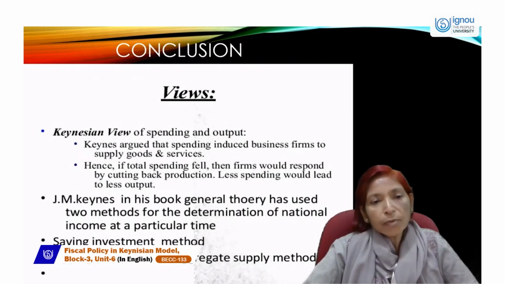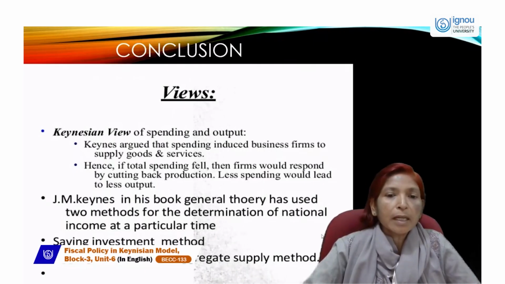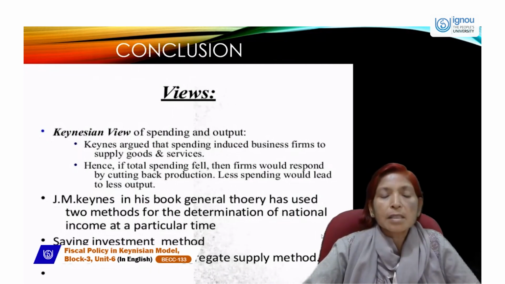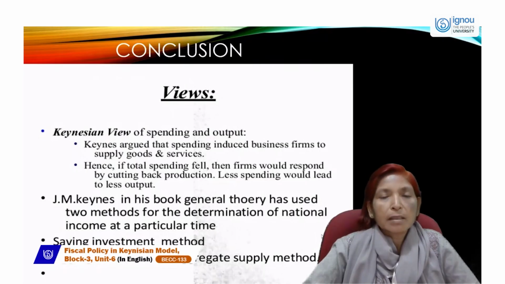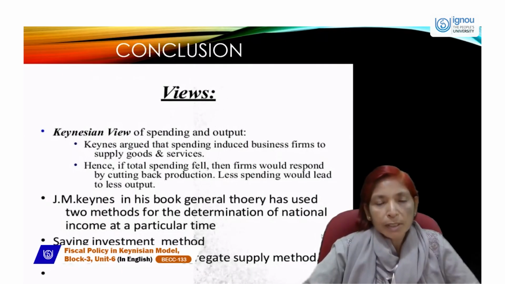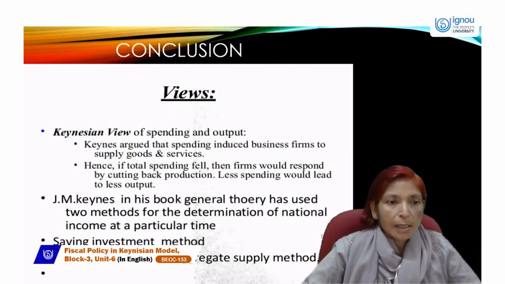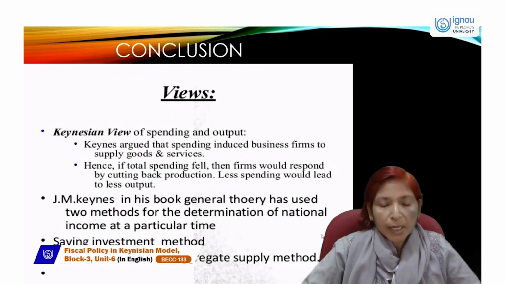And according to the Keynesian view of spending and output, Keynes argued that spending induced business firms to supply more goods and services. Hence, if total spending fell, then firms would respond by cutting back production. Less spending would lead to less output, and less output would lead to fewer employment opportunities. Less employment results in less income, and less income means less growth of the economy, and vice versa.